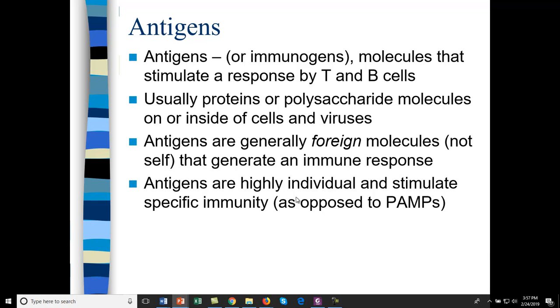The receptors that are resident in macrophages see PAMPs directly and bind PAMPs directly, without having to have prior contact with a PAMP in order to elicit an immune response. Antigens, however, you have to have an initial run-in with an antigen in order to elicit an acquired immune response.